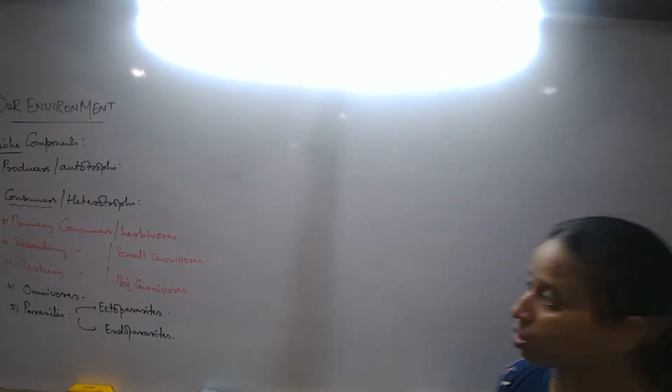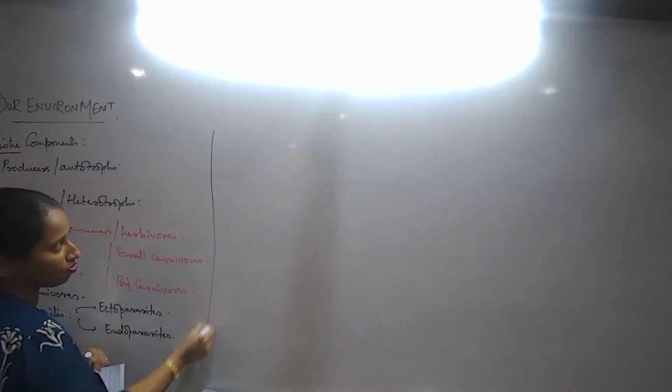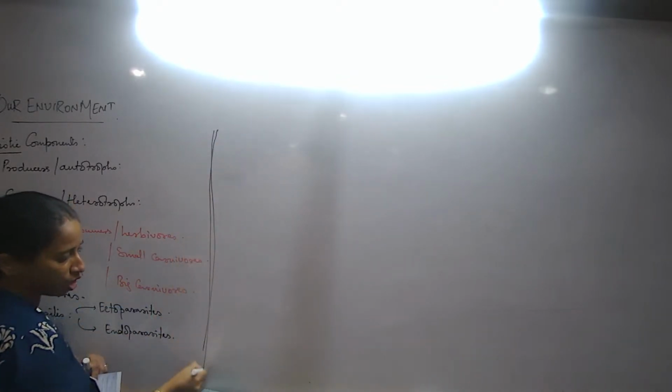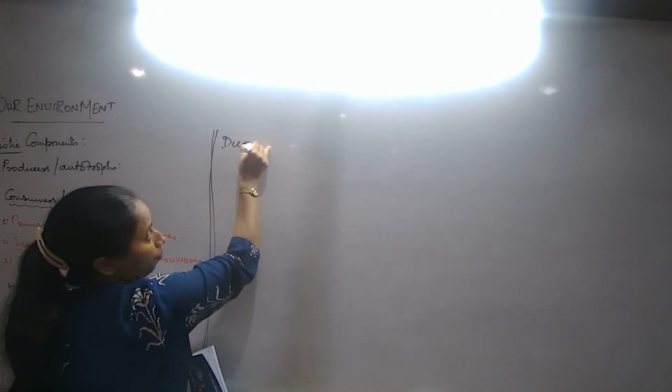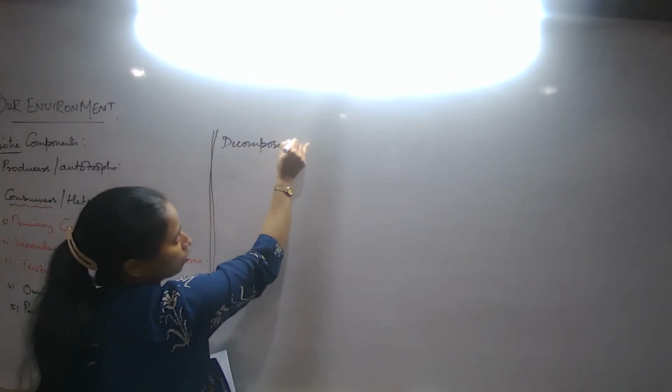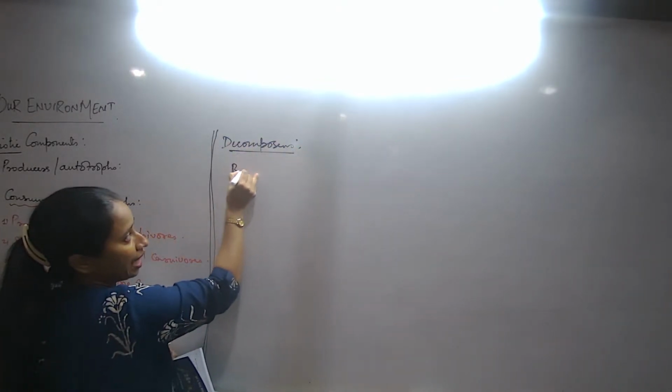Which type of organisms are responsible for the process of decomposition? Bacteria, very much responsible for the process of decomposition. But now, is the process of decomposition a beneficial process for the plant, for the soil? Is it a beneficial process for the environment? I talk about decomposers. What type of organisms are basically decomposers? Bacteria.